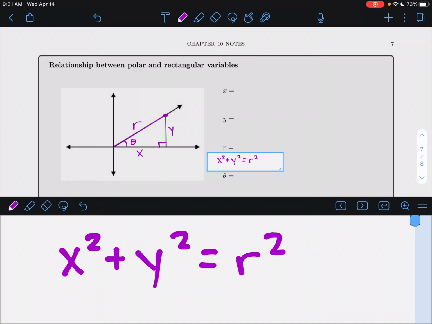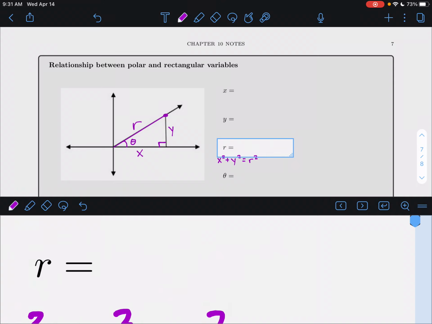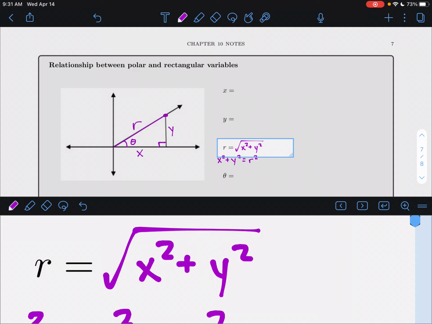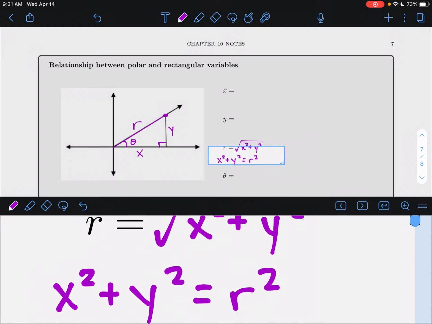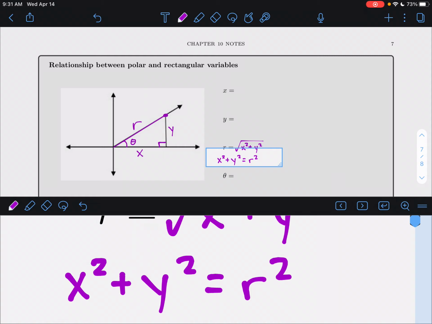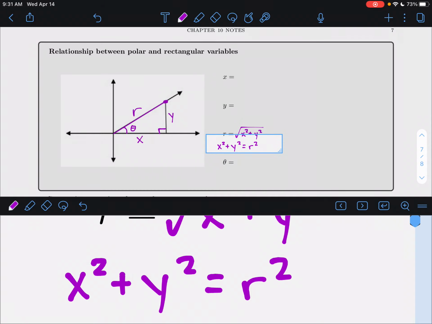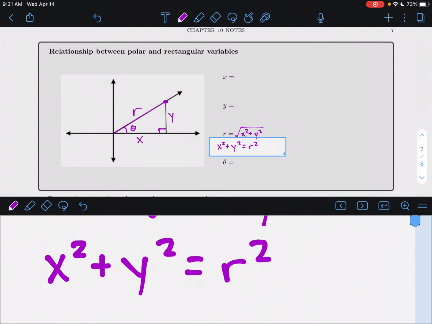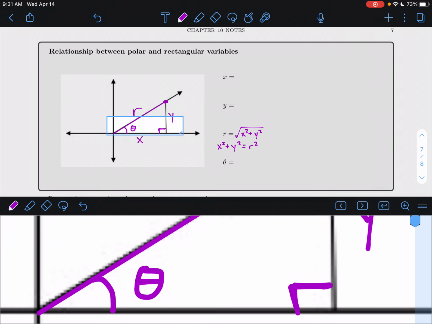A squared plus b squared equals c squared, where the hypotenuse is the c. That means that r is equal to the square root of x squared plus y squared. And we're able to use that fact. However, I will say that r squared equals x squared plus y squared is going to be a tiny bit more useful, but both are useful.